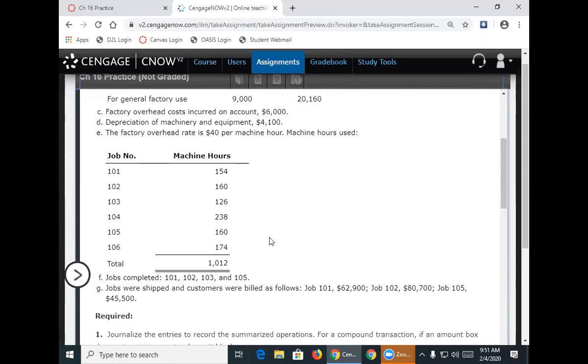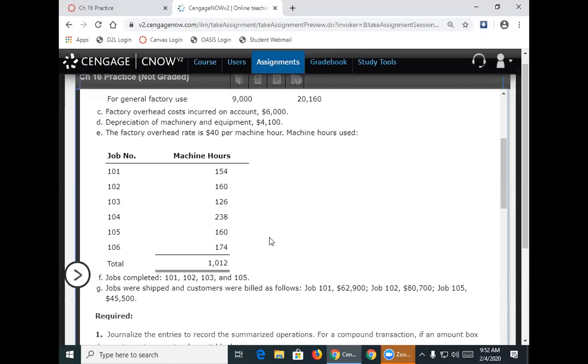If the rate is $40 per machine hour, what's the total factory overhead for the month? Yes, very good, 40,480. We took the total machine hours of 1,012 times the $40 rate. So our total overhead is 40,480.